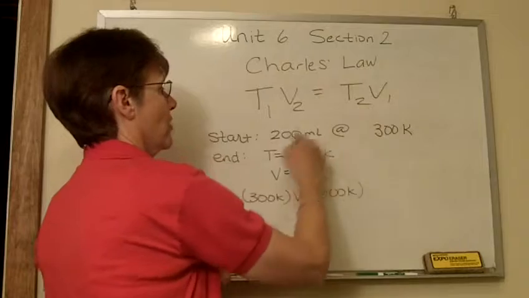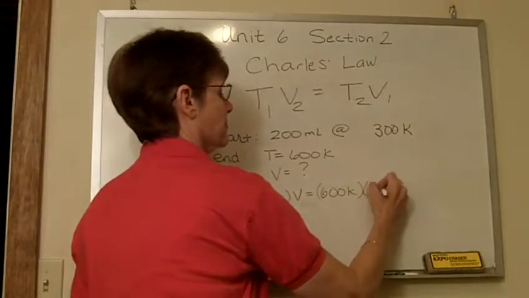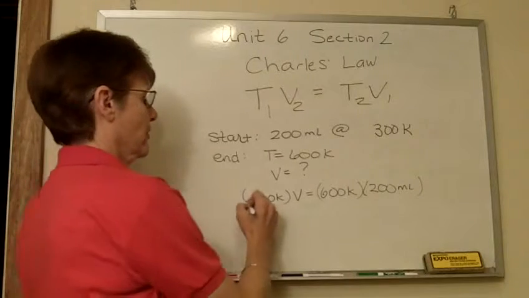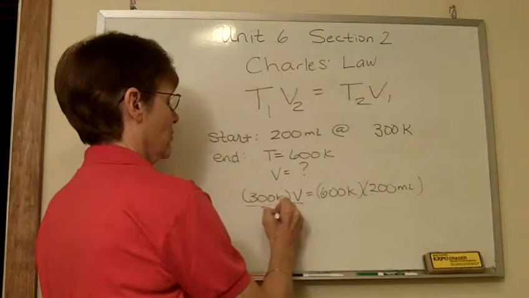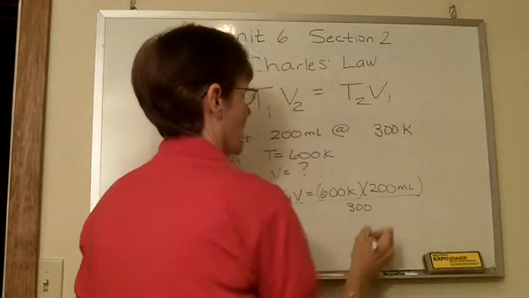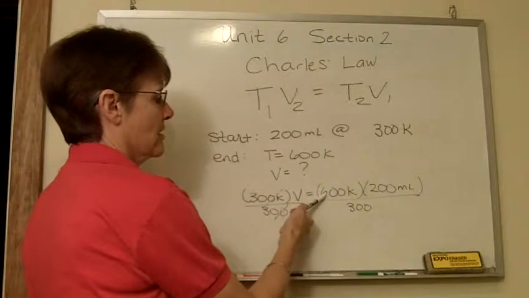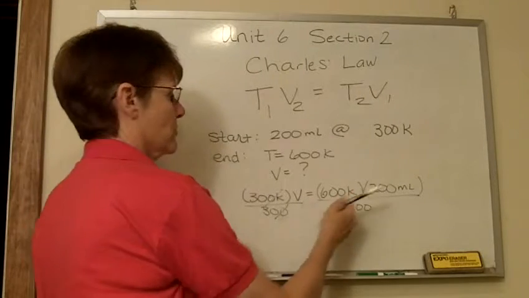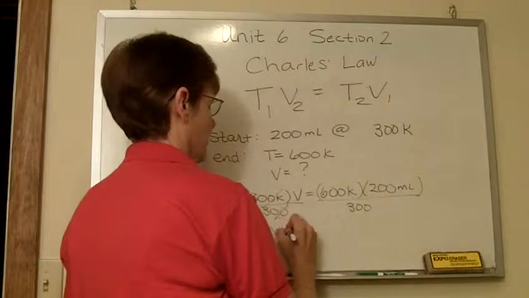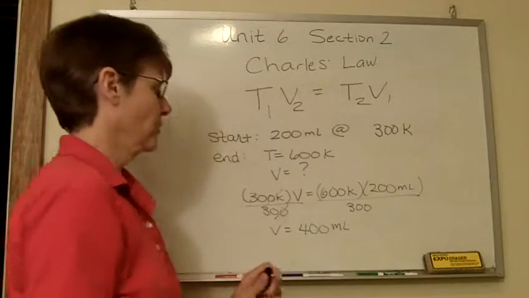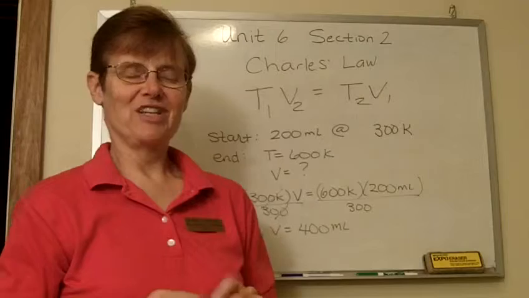And the first volume was 200 milliliters. All right, so to solve for V, we're going to take our 300, divide both sides. So 600 divided by 300 would be 2. 2 times 200 is 400, so there we have it. Indeed, the volume does double.